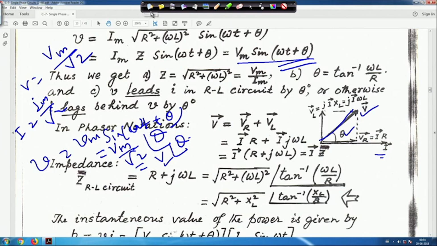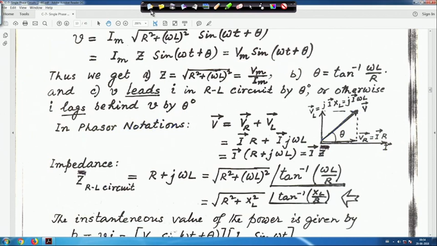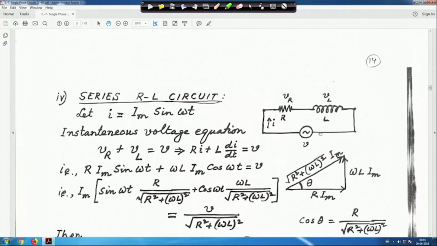Another thing, let us go to the diagram. Here VR is equal to IR, the voltage drop across the resistance. We can make this IR if it is the RMS value, and of course the instantaneous polarity is there.